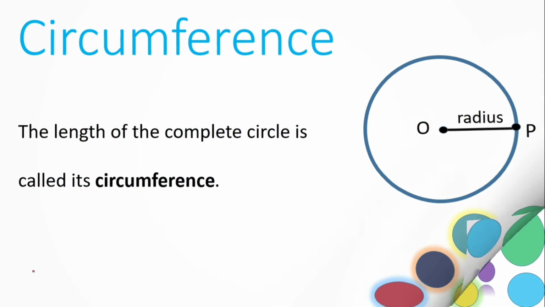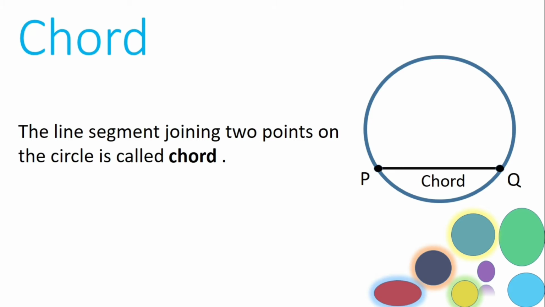So next we have the chord. Chord is a very important term related to the circle, because in exams many of the questions will be framed on this term. So students, carefully understand what it means. Basically, the chord is the line segment joining 2 points on the circle.